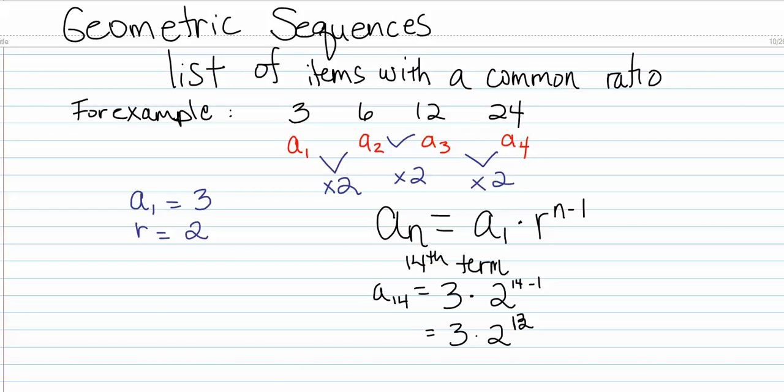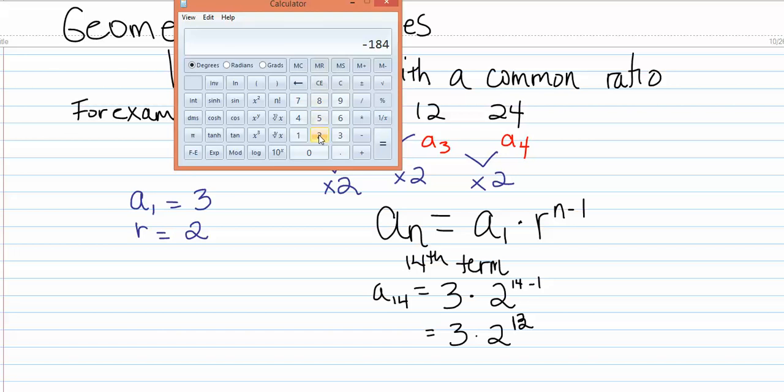So hopefully my calculator will do this all right. Okay, so on this calculator to do powers, I would take 2 and raise it to the 13th power. I get 8,192, but then I have to multiply that by 3, the first item in my list.